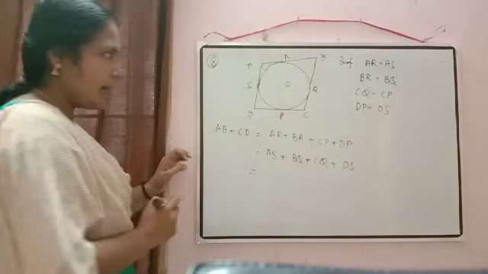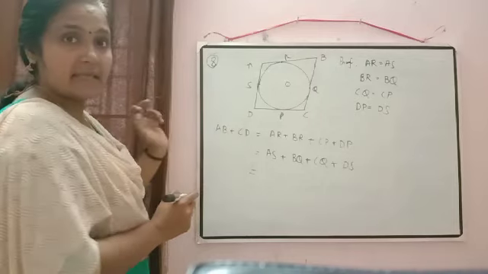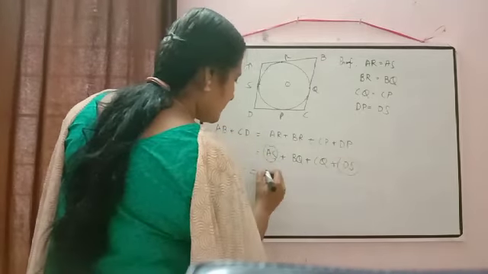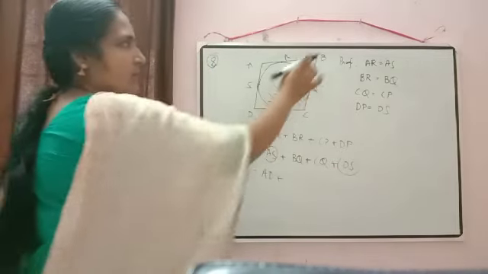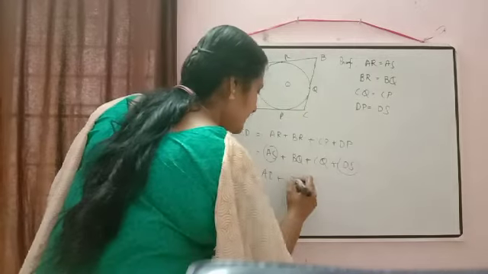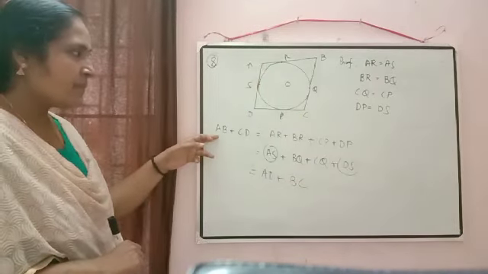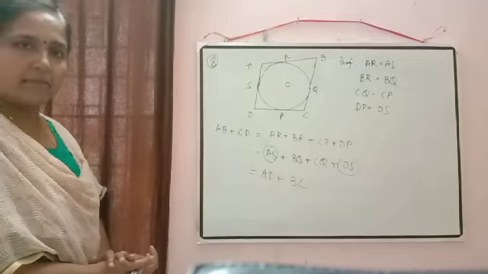Now just to check in the diagram there. AS plus DS, that is the side AD. And BQ plus CQ together is the side BC. So at present we are getting AB plus CD is equal to AD plus BC.